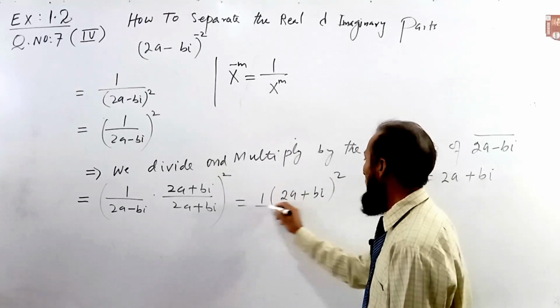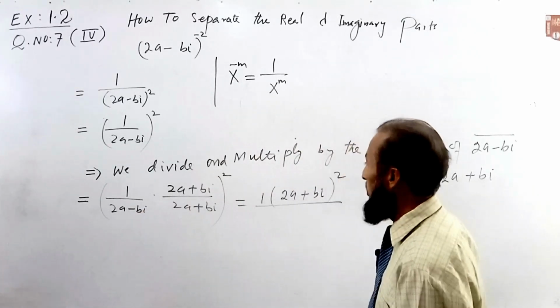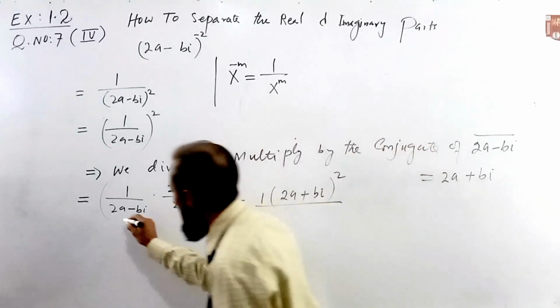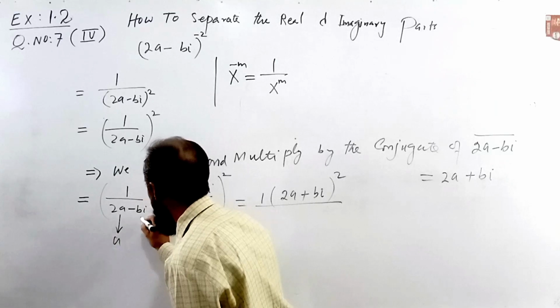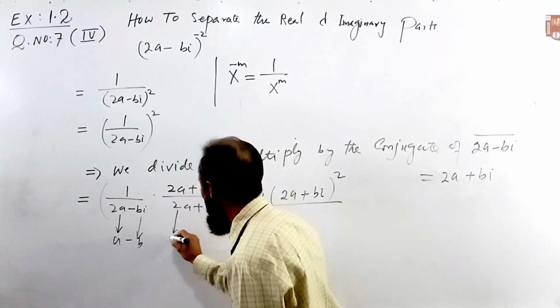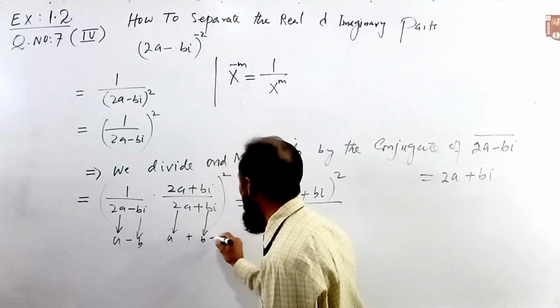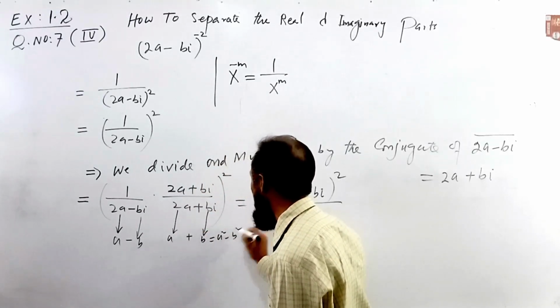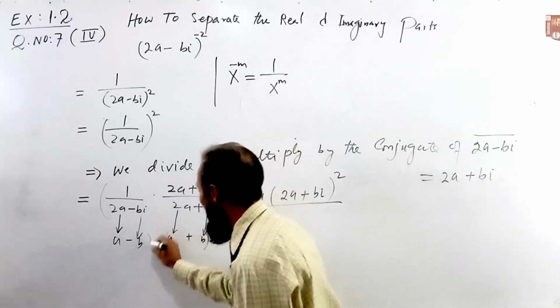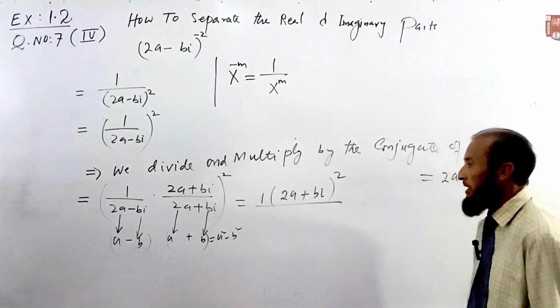We can also use the formula (a minus b)(a plus b) is equal to a square minus b square, where this term is considered a and this term is considered b.